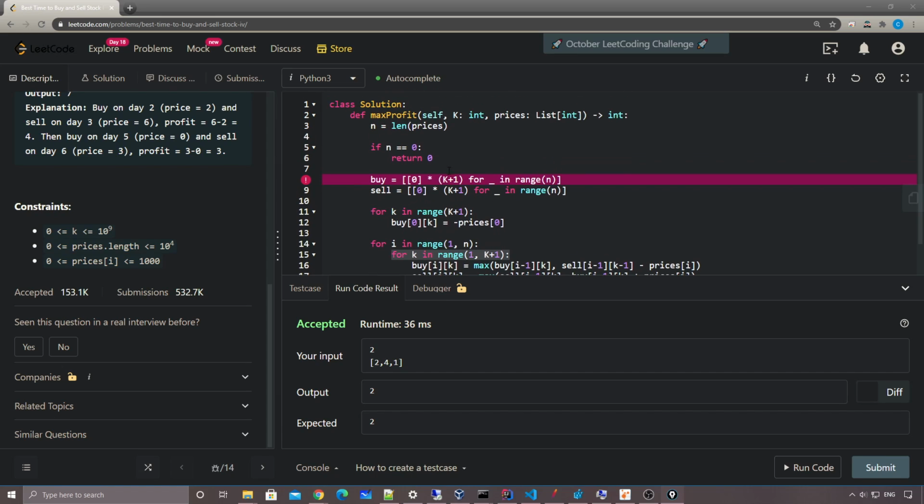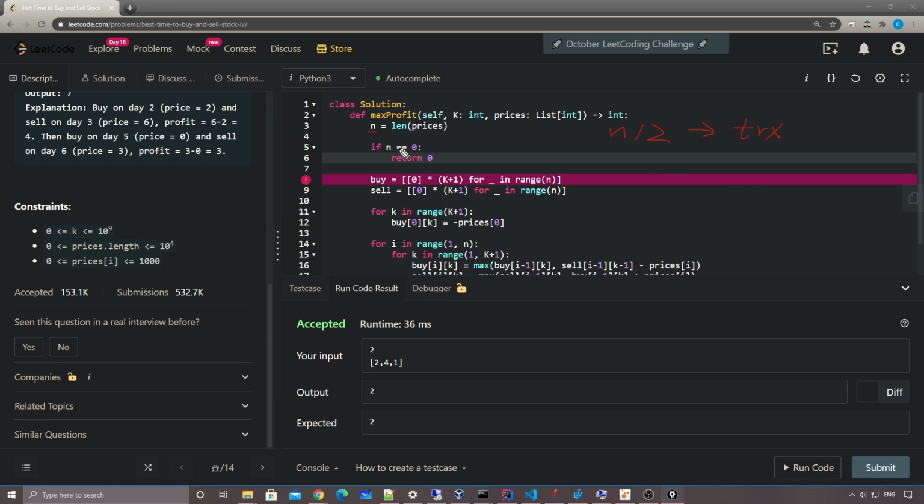The way we handle this special case is, since we can only do either buy or sell at each day, assuming we have n days, the most transactions we can ever do is n divided by 2. That's the maximum number of transactions we can do.